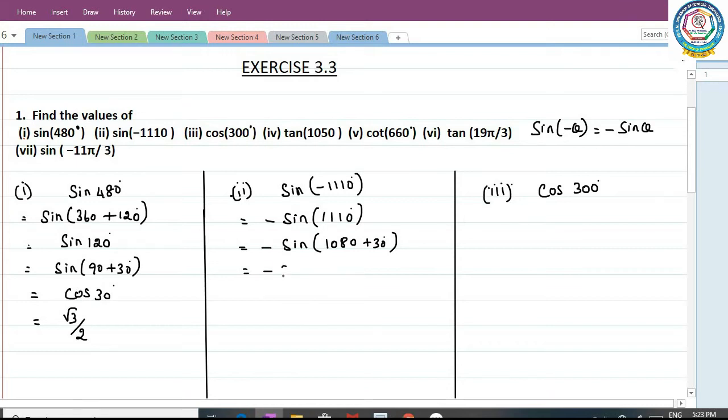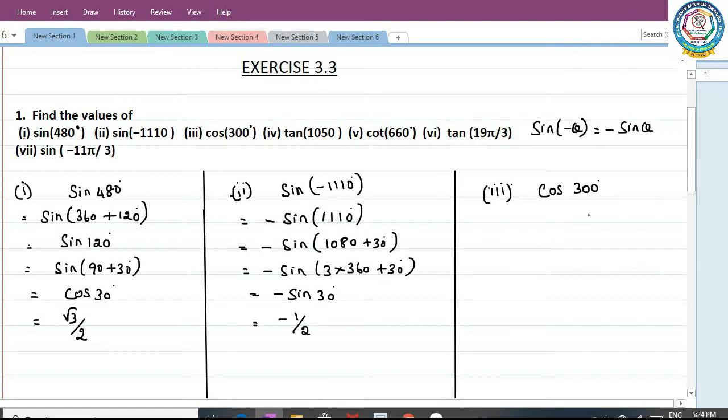Then minus sine of 1080, that is 3 into 360 plus 30 degree. So 360 plus theta gives sin theta, and here minus is there. So that is equal to minus sin 30 degree. What is the sin 30 degree value? That is equal to 1 by 2. Here minus is there, so minus 1 by 2.